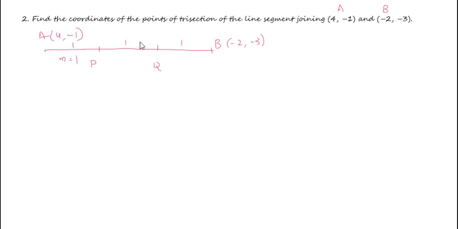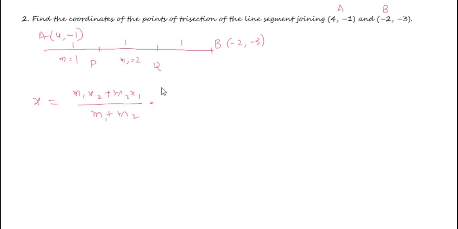Now PB is 2 units, so m2 equal to 2. Therefore now the x coordinate of point P equal to m1 x2 plus m2 x1 divided by m1 plus m2.